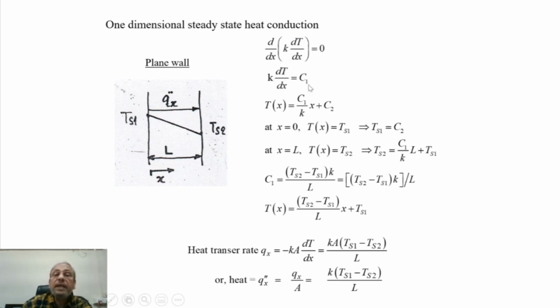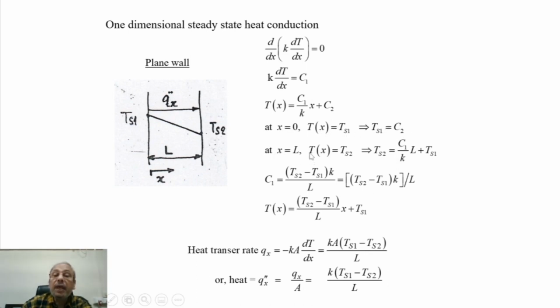So k dT/dx is C1, and again integrating we get T equal to (C1/k) x plus C2. At x equal to 0, T is Ts1, so C2 is Ts1.